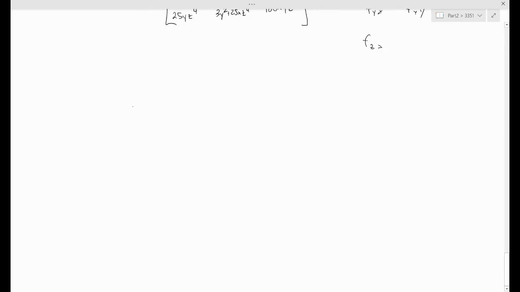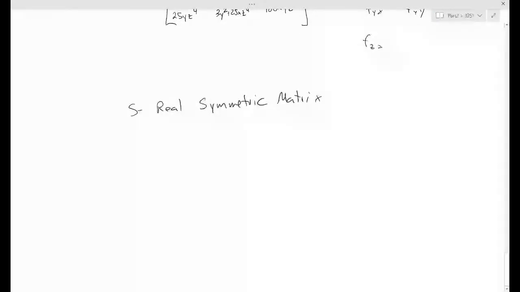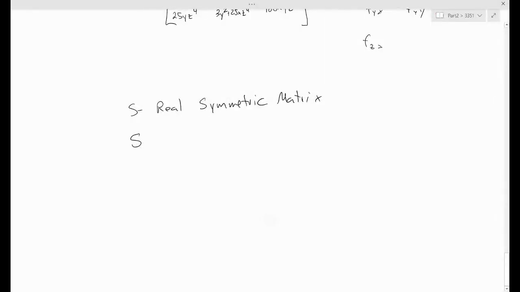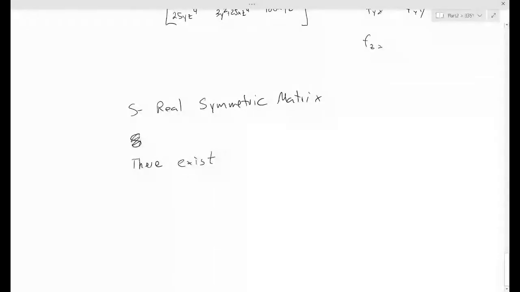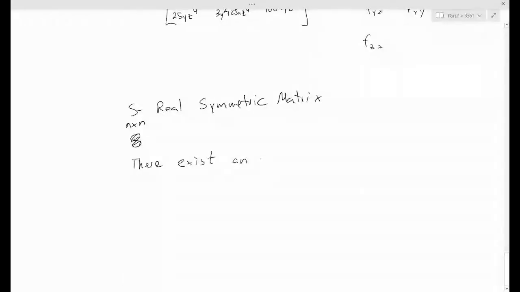So if you have a real symmetric matrix, remember that there exists an orthonormal basis. So this is from linear algebra. There exists an orthonormal basis, so that's n by n. I think induction might work.